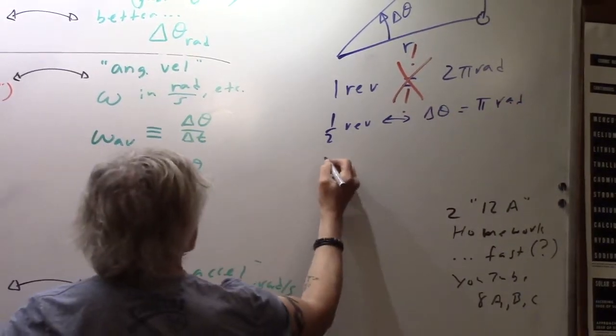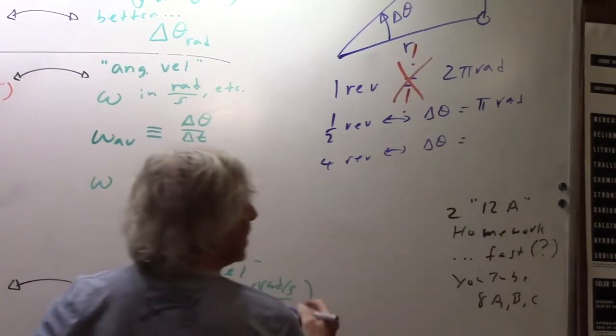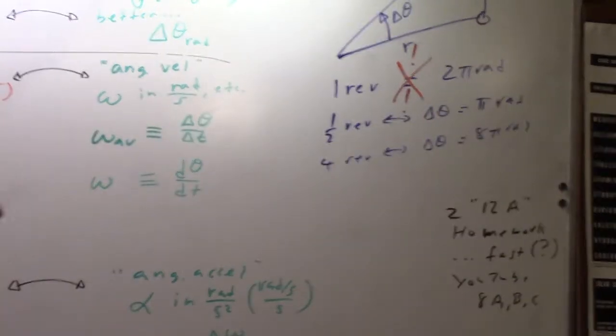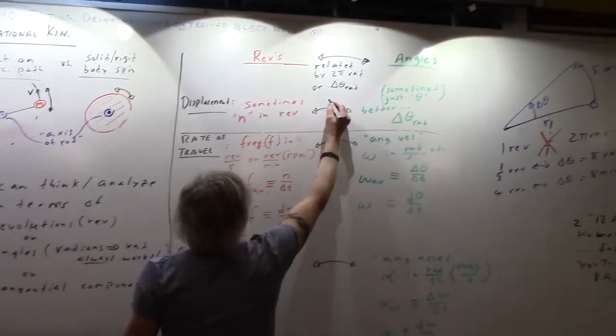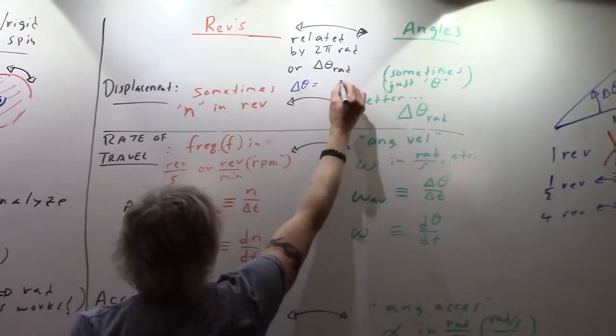If I go 4 revolutions, what's delta theta? 8 pi, right? So how do I go from one to the other? How do I get delta theta if I know n?